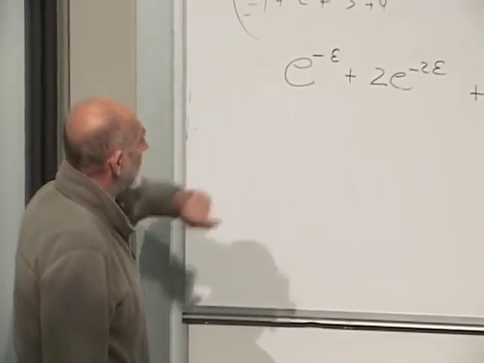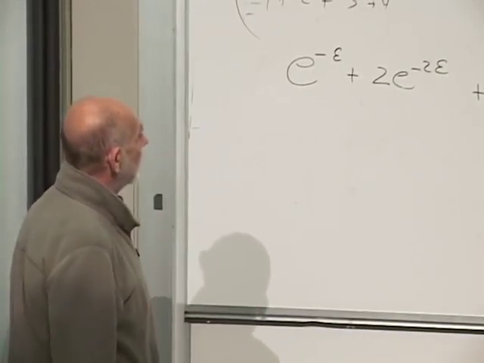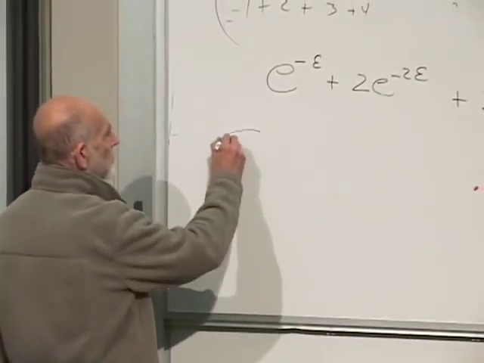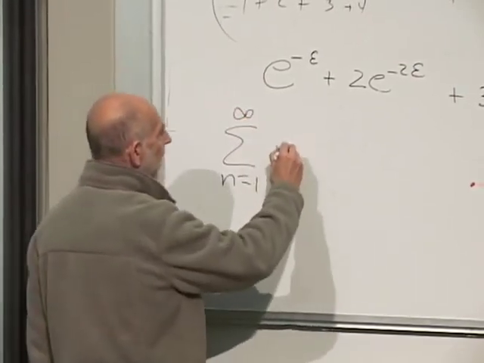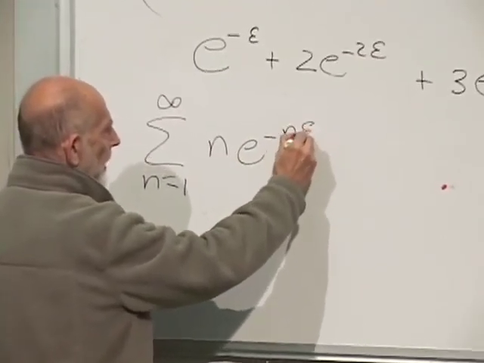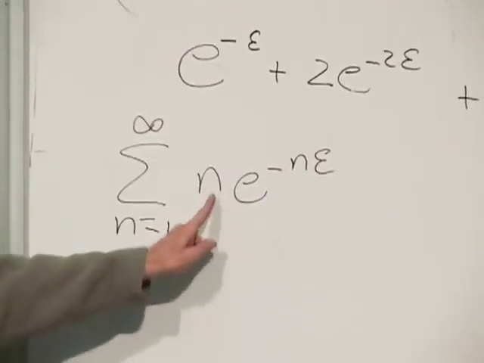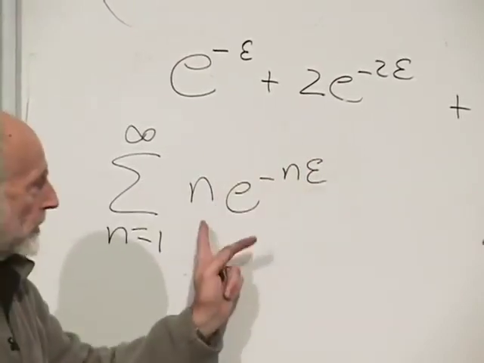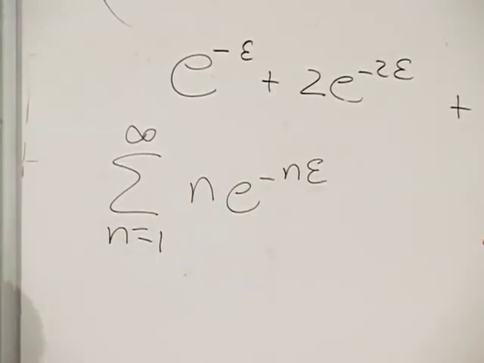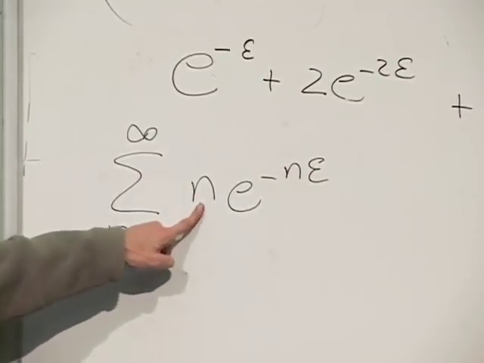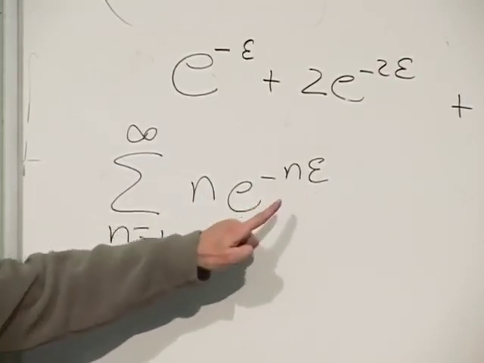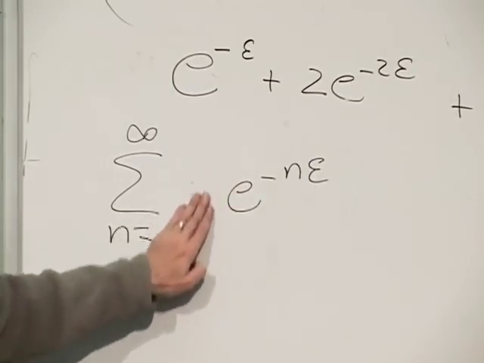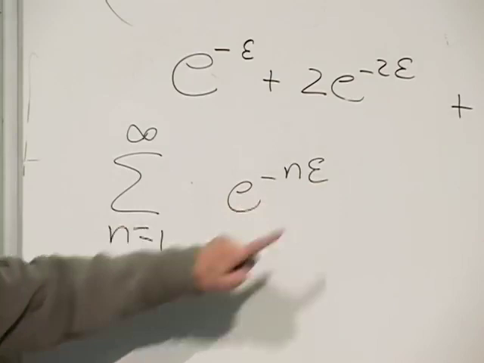Okay, this can be written as the sum from n equals 1 to infinity of n e to the minus n epsilon. E to the minus 1 epsilon times 1, e to the minus 2 epsilon times 2, and so forth and so on. That's the sum. Now, the first trick is to get rid of this n, and the way to get rid of this n is just to take the sum without the n in it and differentiate with respect to epsilon.